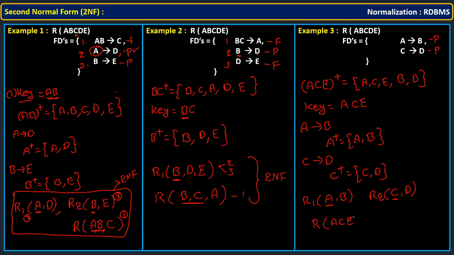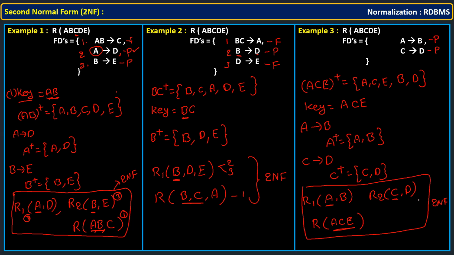B is covered here, D is covered here, and all other attributes are covered. So only the primary key remains in the original table. So this is example 3. In this way, all these 3 relations are now in second normal form.